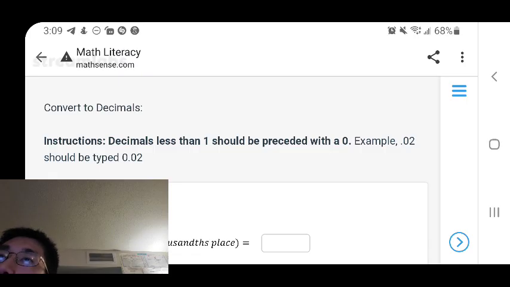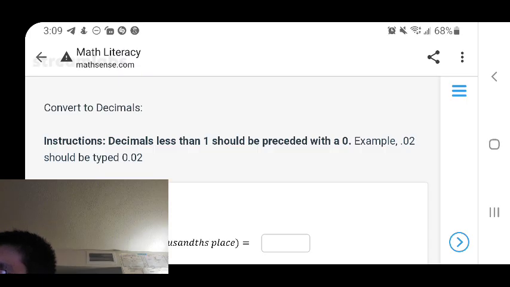3/8. I want 3/8 to be a decimal. So I do 8 divided by 3. No, long division, 8 and then 3. I do that. I put 30.